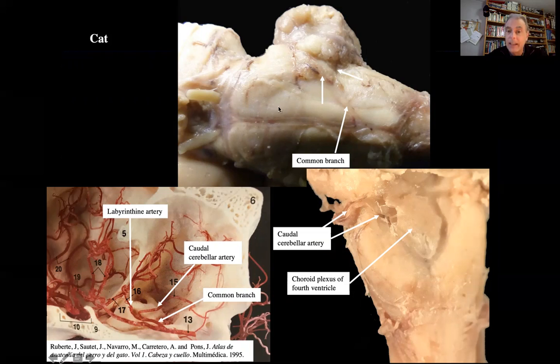So in the cat, the caudal cerebellar artery is also a branch indirectly from the basilar artery. This is important to remember. Again, we have the choroidal plexuses of the fourth ventricle and the caudal cerebellar artery, which branches off far caudally in the basilar artery.